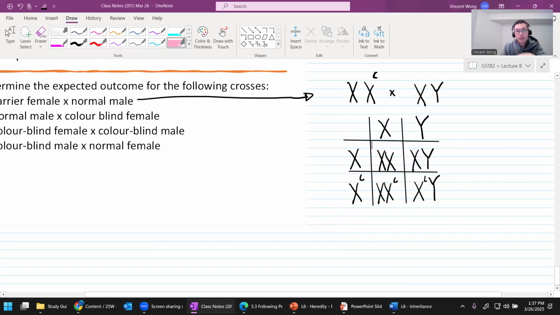If it's a girl, are they gonna be colorblind? Anybody colorblind in this family for the girls? No, only carriers. That's right. 100% normal vision. No problem.